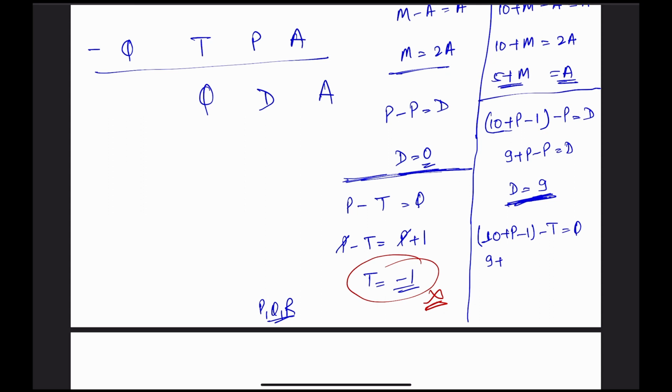So 9 plus P minus T equal to Q, and I can say Q equal to P plus 1. P will cancel. So 9 minus T equal to 1. So my T will be becoming 8. Wait, let me check again. My T will be becoming 8.